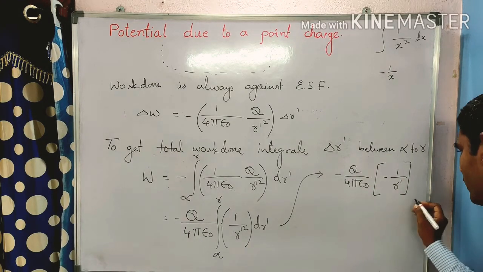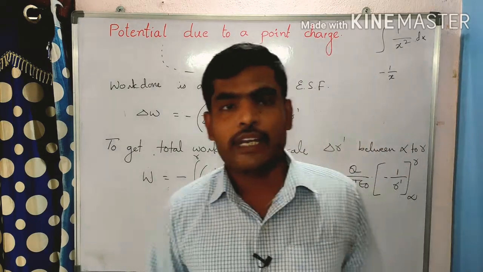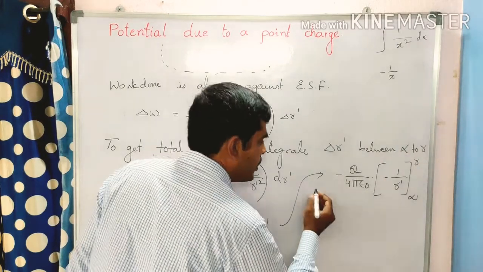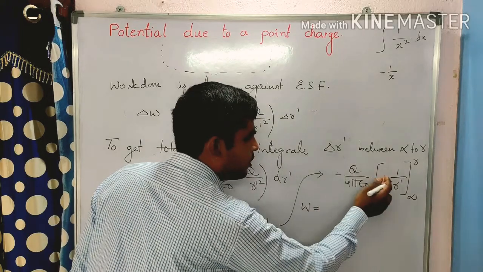What are the limits now? Infinity to r, as in a definite integration. Here the work done is minus into minus, plus, so we need not bother about this minus.